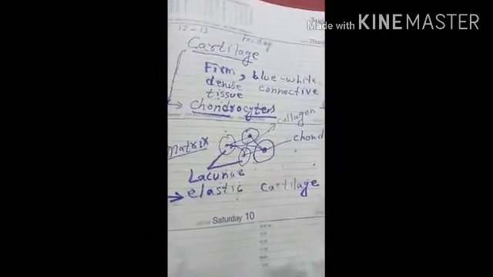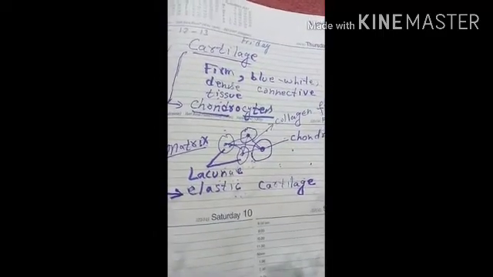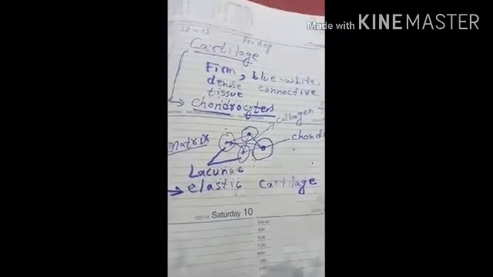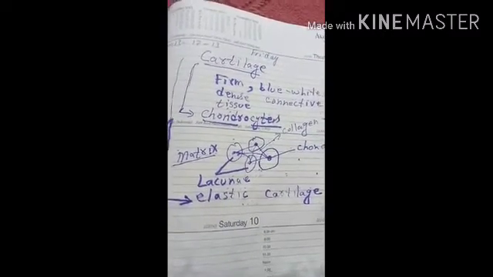As the name shows, elastic cartilage is flexible. It allows movement. That is why it is present in the parts of the body which are flexible.